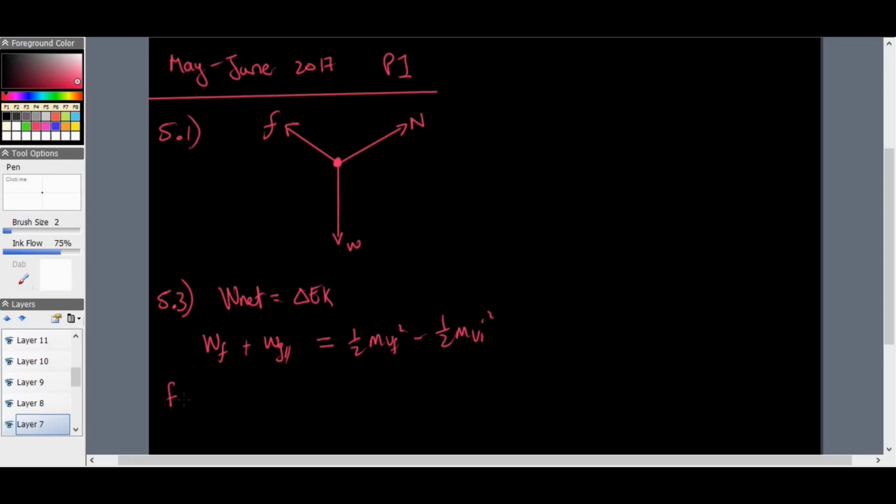So this would be f delta x cos theta plus Fg parallel delta x cos theta. That would equal the same thing, half m vf squared minus half m vi squared.